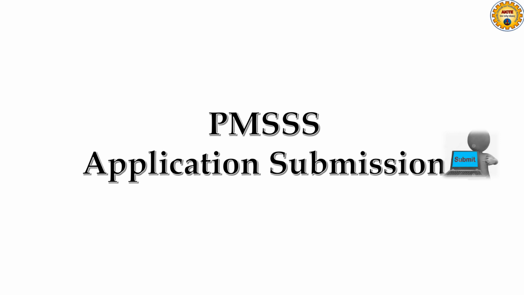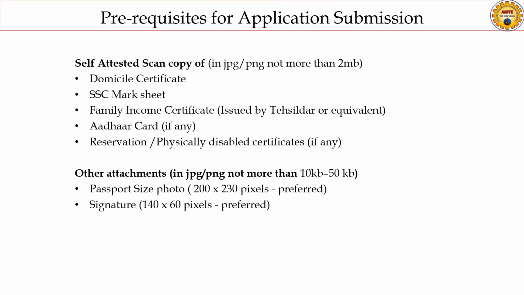PMSSS application submission process. The prerequisites for application submission are: the self-attested scan copy of the following documents are required: domicile certificate, SSC mark sheet, family income certificate issued by Tehsildar or equivalent, Aadhaar card, reservation/physically disabled certificates if any, passport size photo, signature.